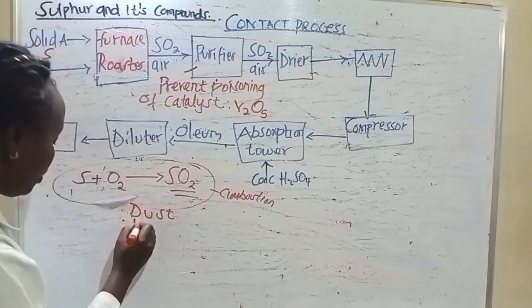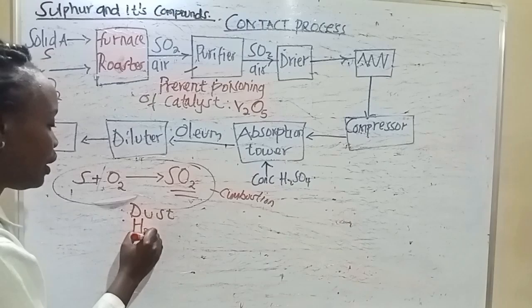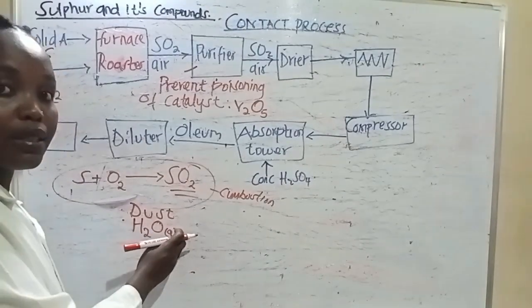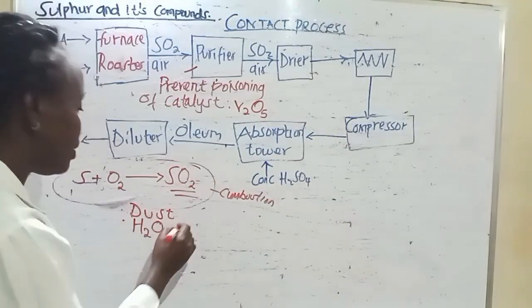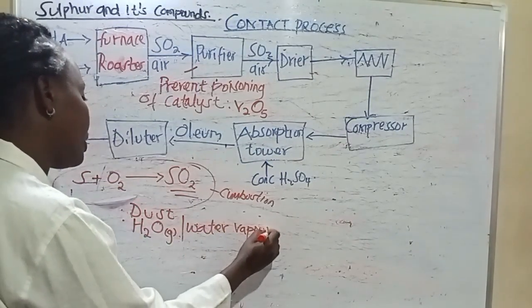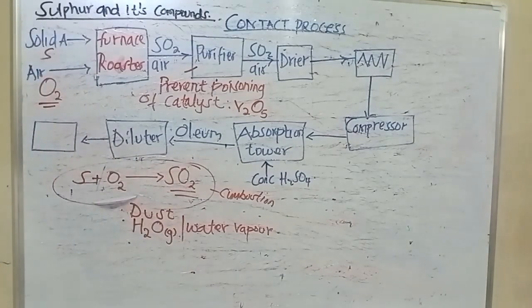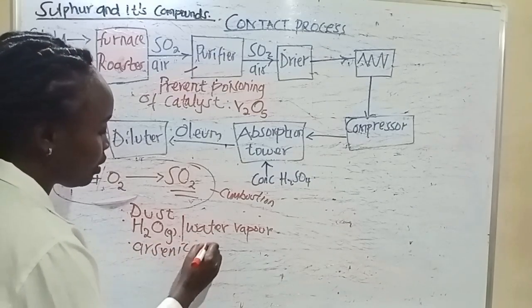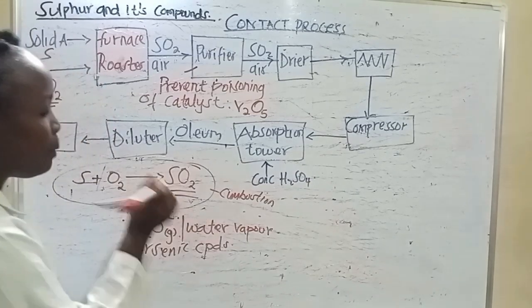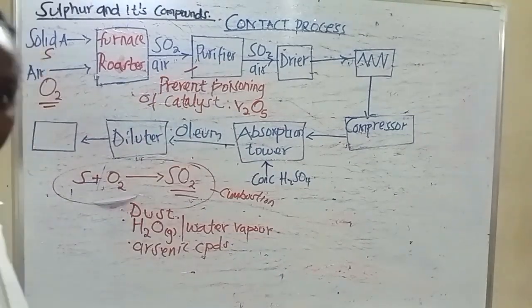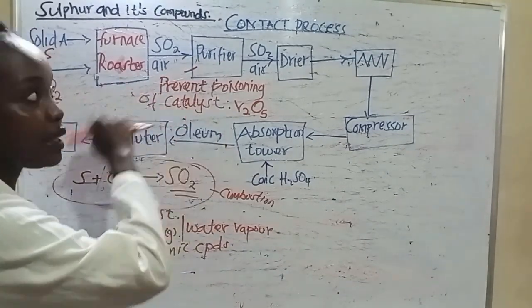I'm writing here as gas because if it is H2O gas, it means it's water vapor. Another thing that you're going to remove from the purifier is arsenic, some arsenic compounds that are present there. So after we have purified our air, now we know our catalyst cannot be poisoned.